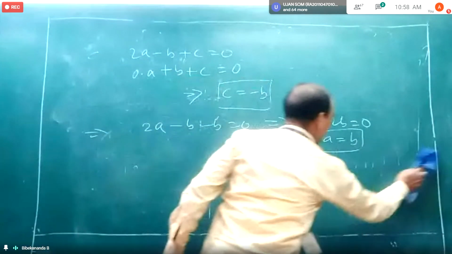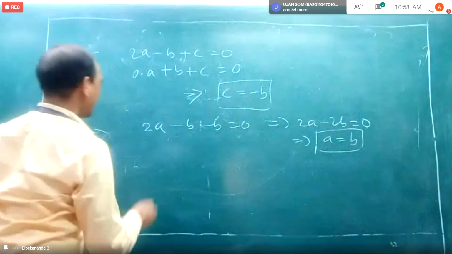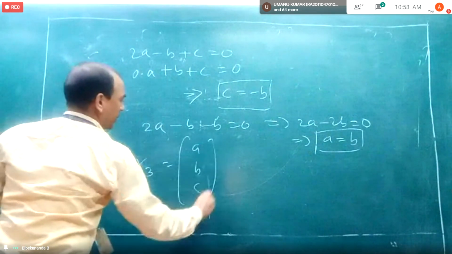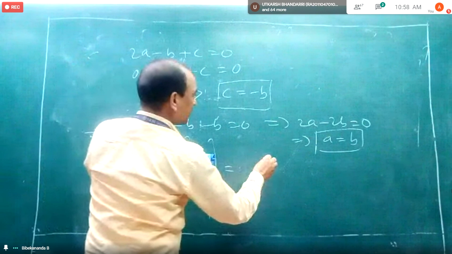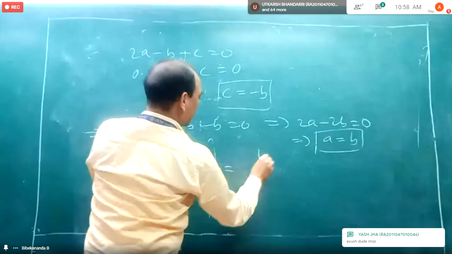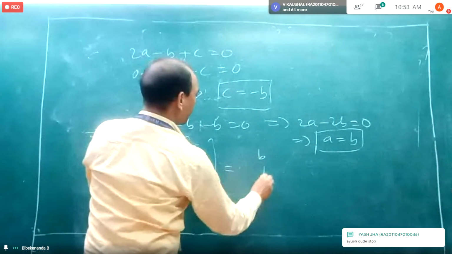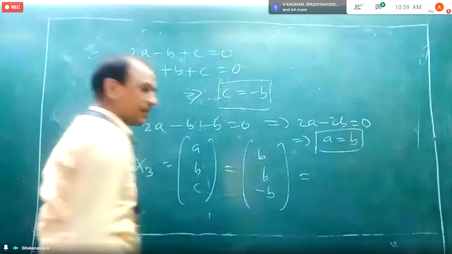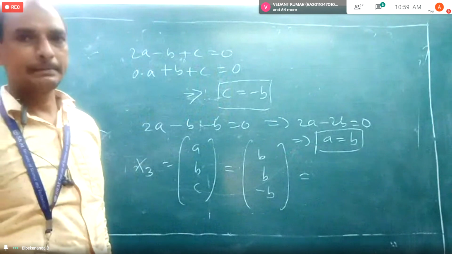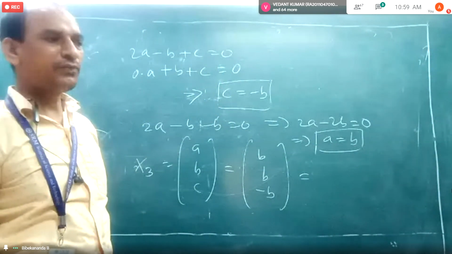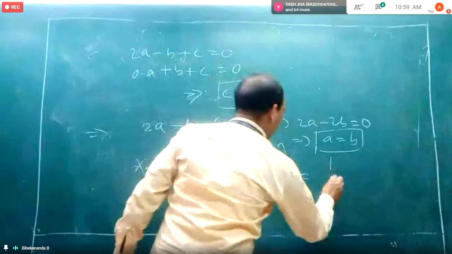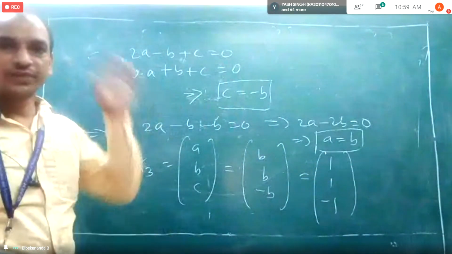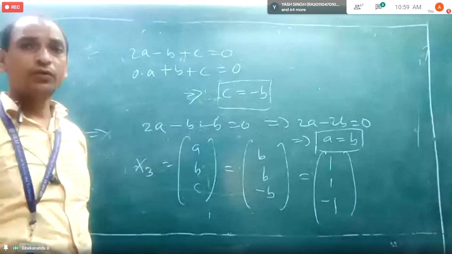And so what will be your x3? x3 is equal to (a, b, c), and so a equal to b, b equal to b, c equal to minus b. So what is the final vector? (1, 1, -1). So this will be the eigenvector.